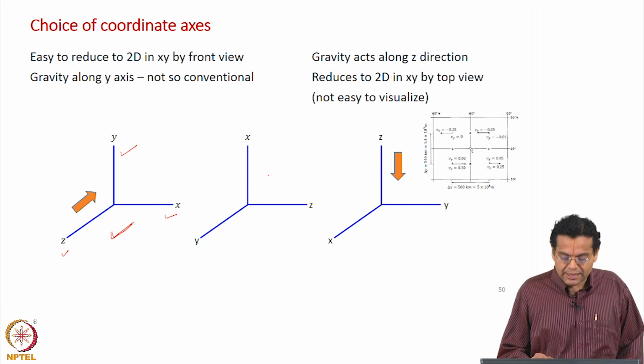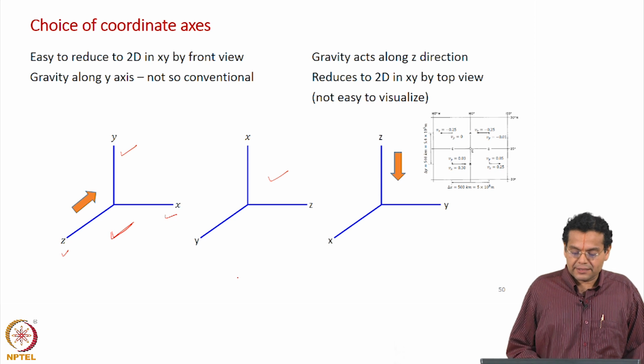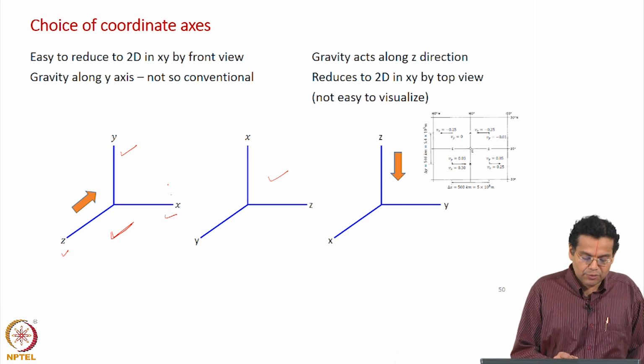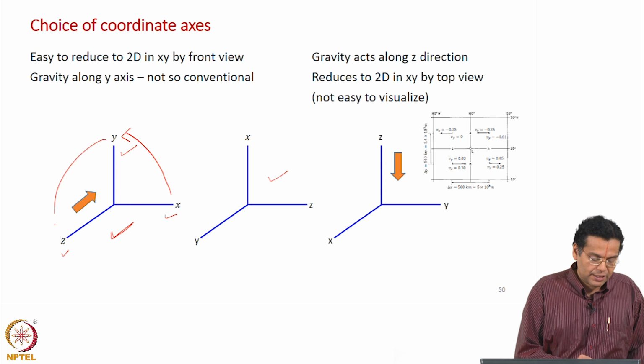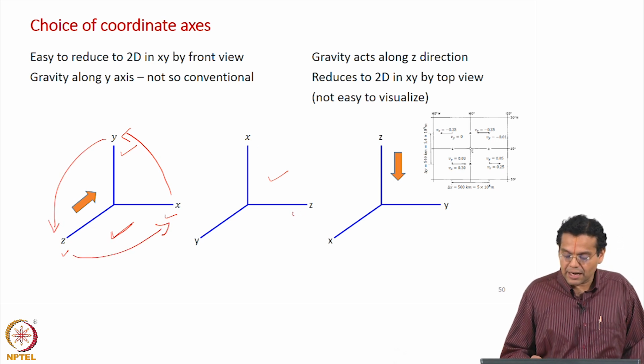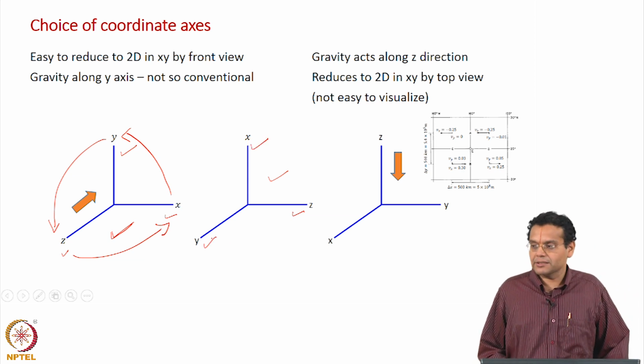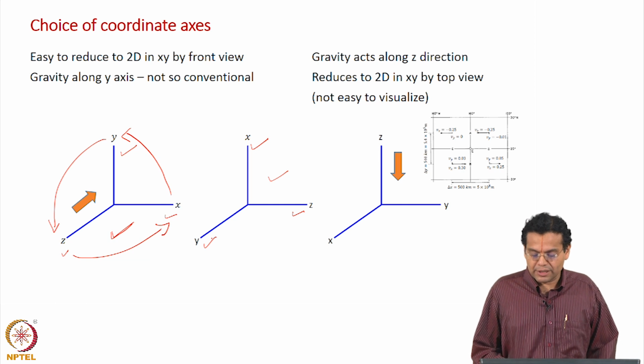Now, what I have shown in the second figure is that I have changed the axes. I moved x here, y here, and z here. So, now the horizontal axis becomes z, the vertical is x, and the axis towards us is y. Now, I do one more rotation this way.